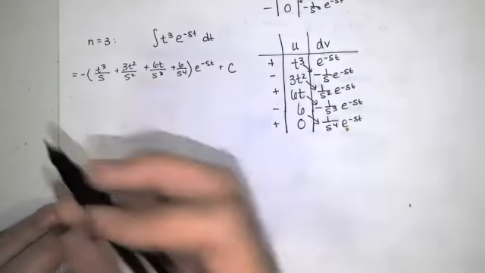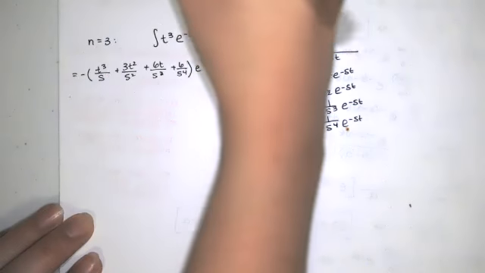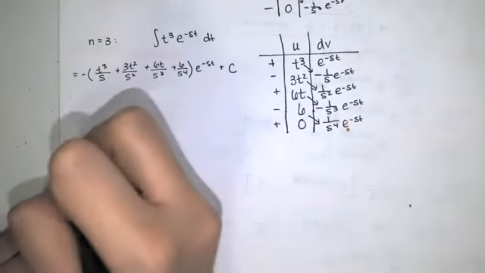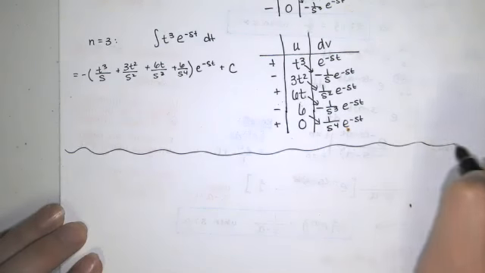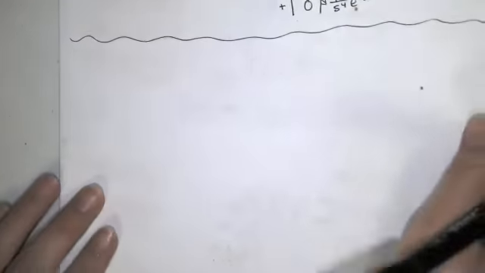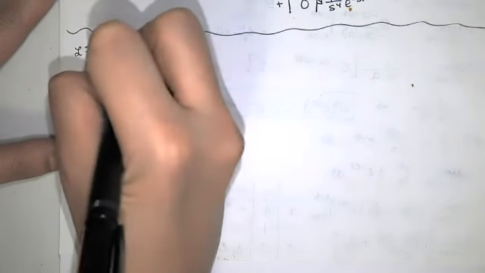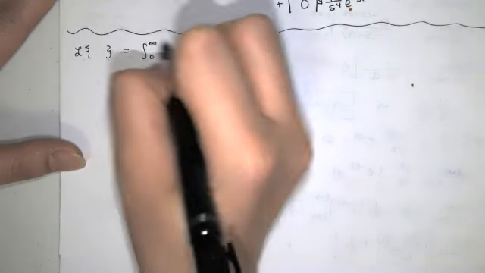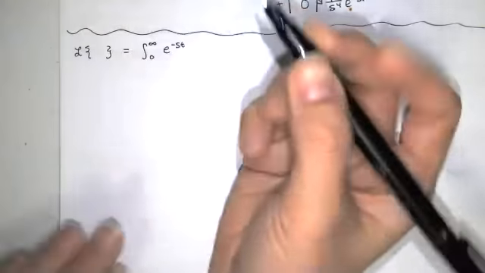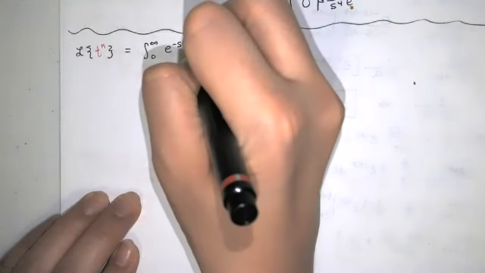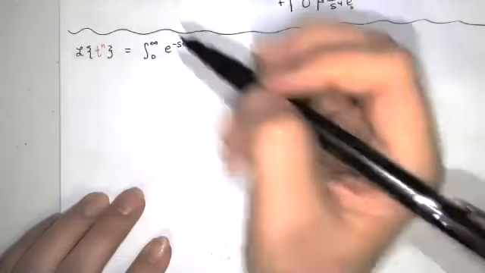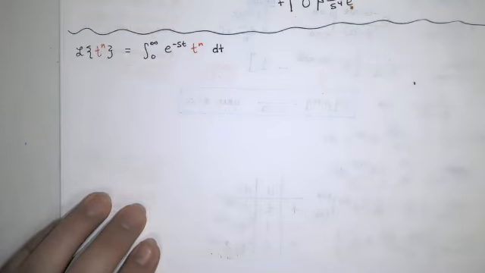Let's go back to our derivation of the Laplace transform of t to the n with all of this in mind. Well, first I'm going to write it as a limit.